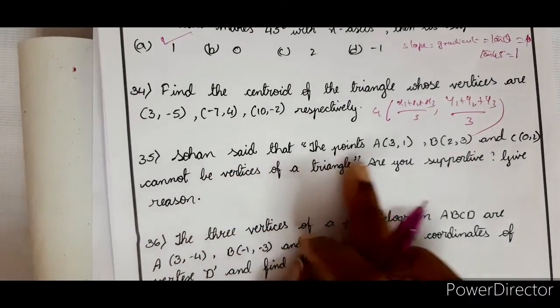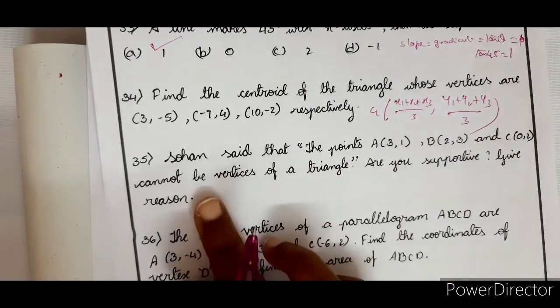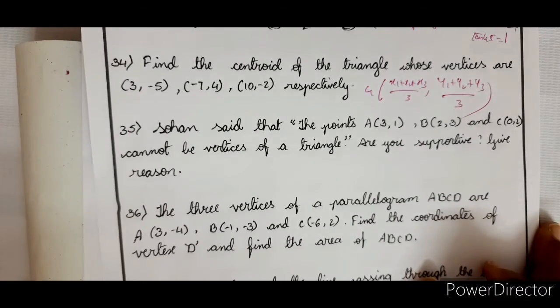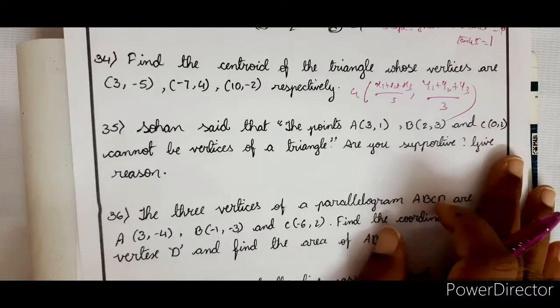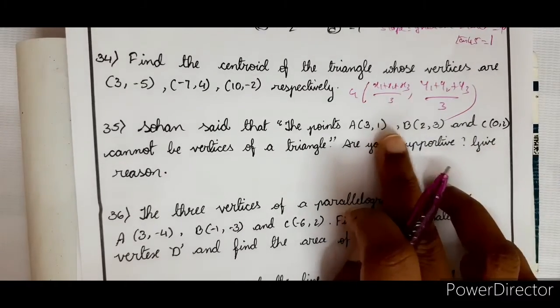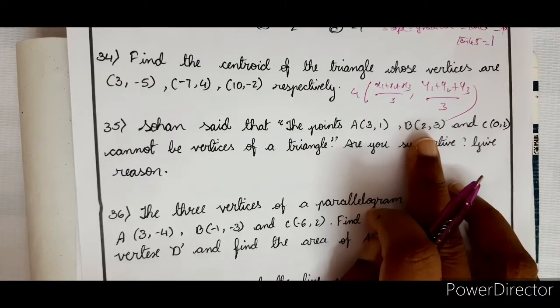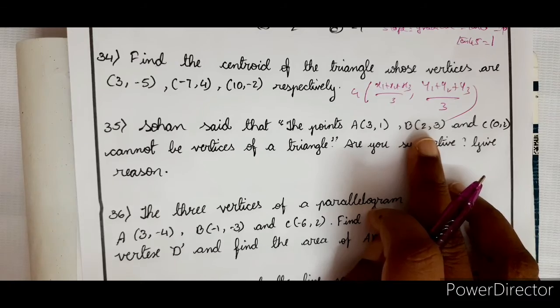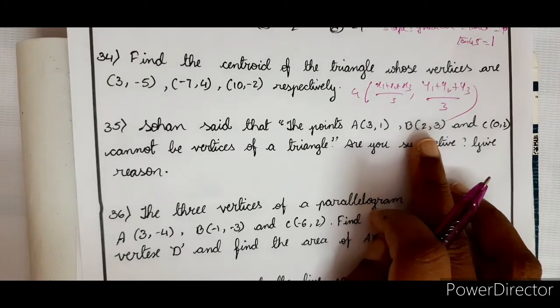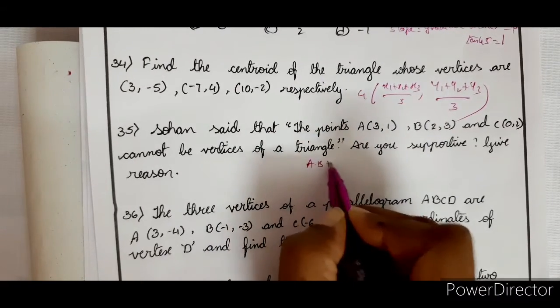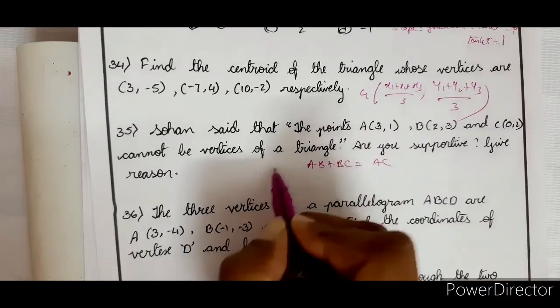Now Sohan said that these three points cannot be the vertices of a triangle. Are you supportive? Give reason. See, when such a problem is given, there are two ways. When you substitute directly in the area of the triangle formula, if it is not 0, you can directly say that yes, this forms a triangle. And if it is 0, it does not form a triangle. But we don't have the area of the triangle concept, so check if AB plus BC is equal to AC.